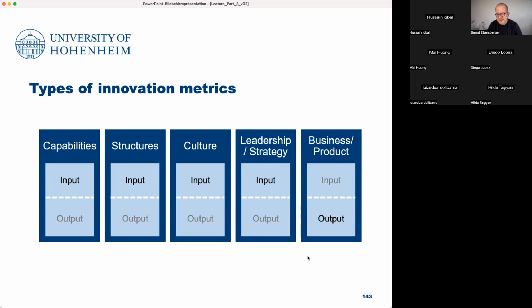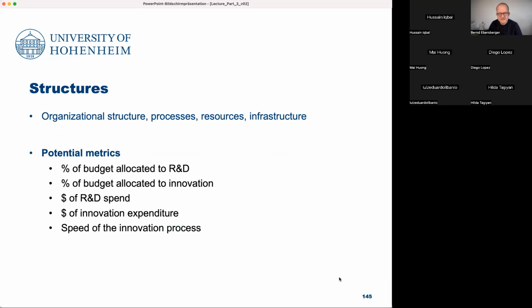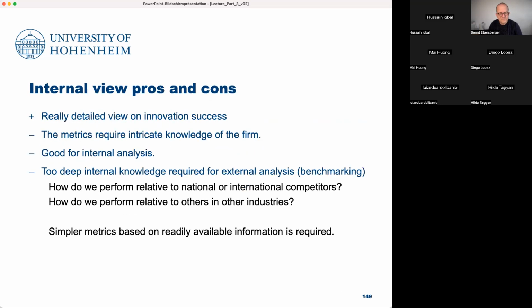And then to be able to causally relate the changes in the output to the initiatives is really, really hard. And so for managerial intervention, it's easier to intervene with the inputs than with the outputs. Okay, I think this is important to realize.